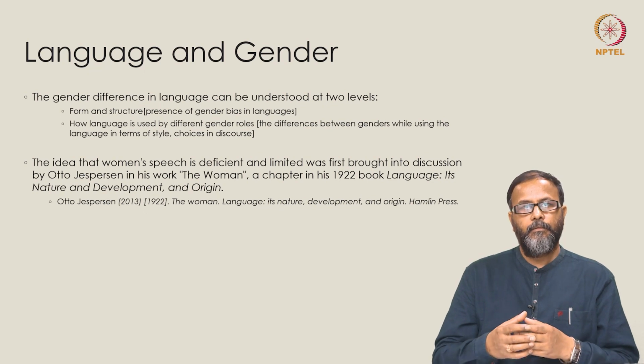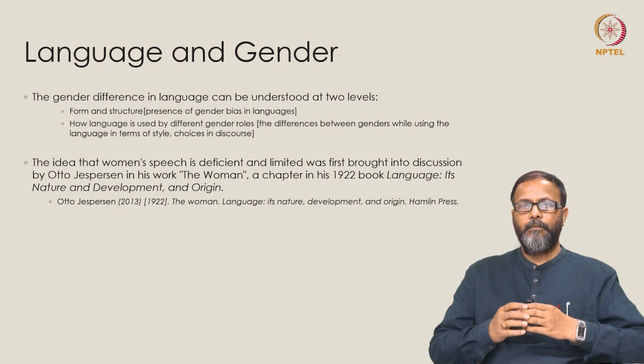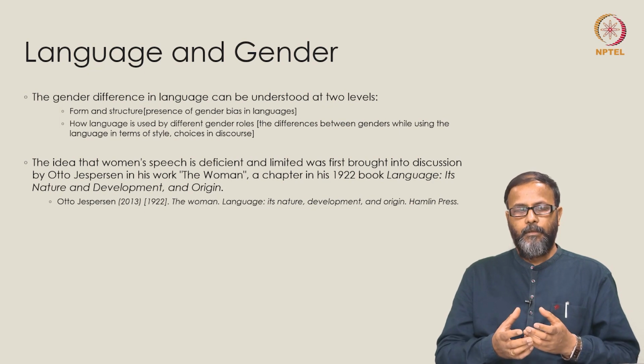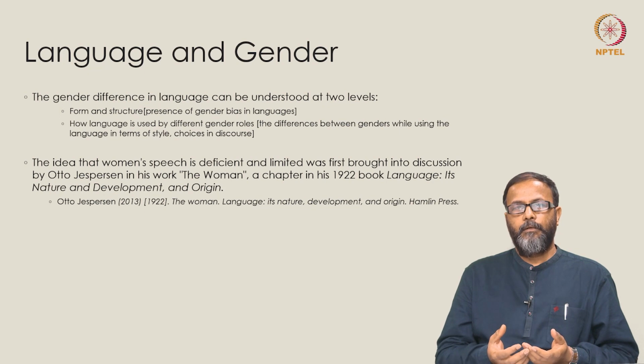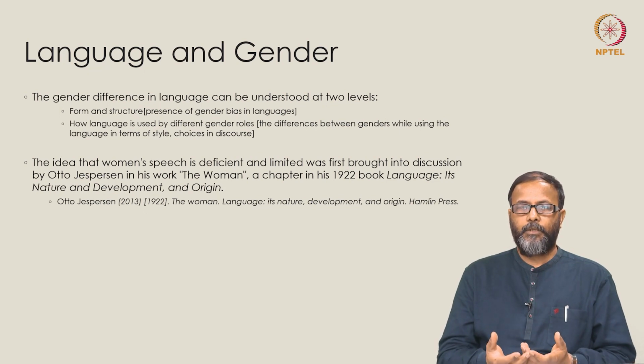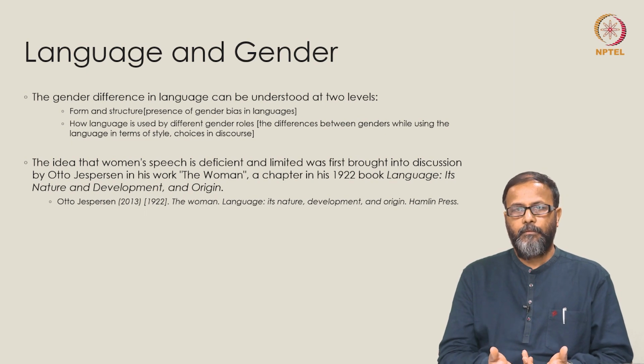At the formal level, we can understand gender in language. Like in Hindi, all nouns have a particular gender. So car is feminine, truck is masculine. That is assigned gender, grammatical gender.